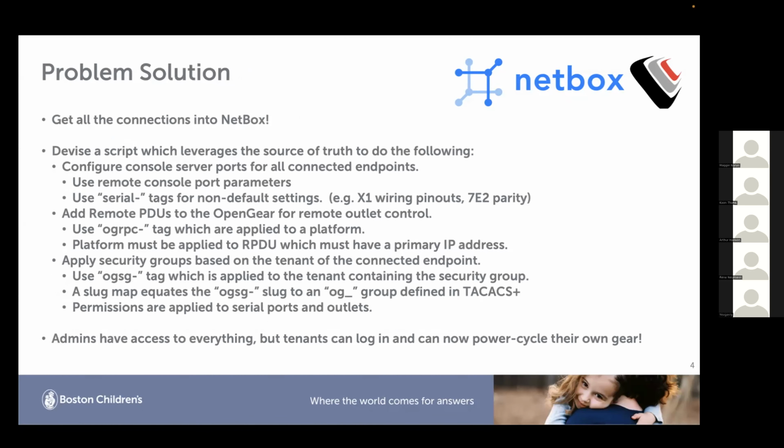The first part and the longest to execute was getting the data into NetBox. That required considerable build out of our facilities in data center and on campus. Of particular interest for the OpenGear is the cable plant and all the supporting infrastructure that ties all that equipment together. With the information in place, coming up with a script to build out the required configuration would also take some time.